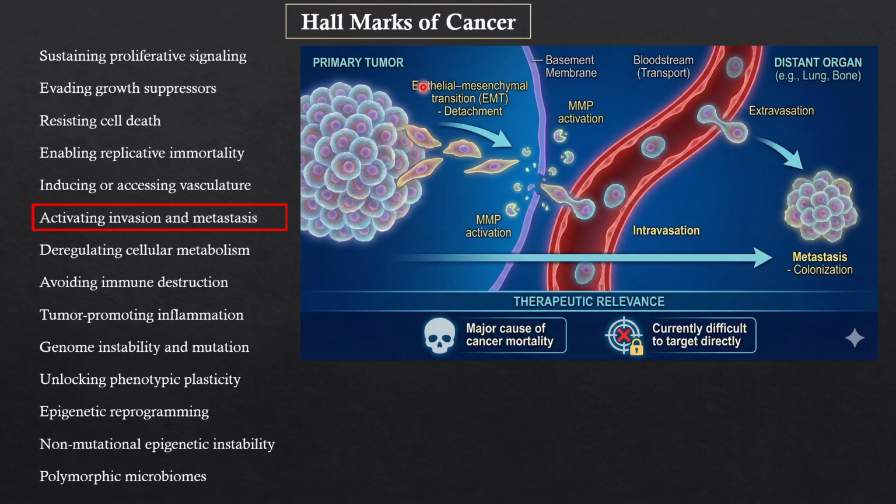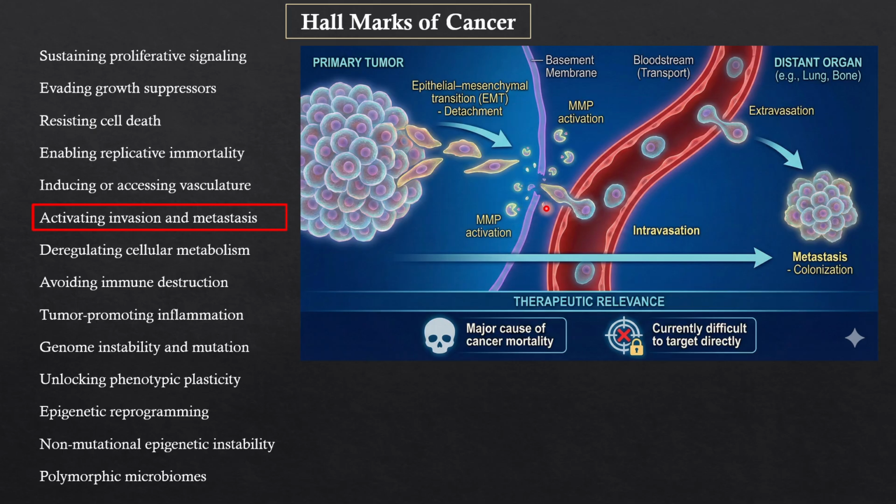The other hallmark is activating invasion and metastasis. In the primary tumor, the epithelial mesenchymal transition happens. So EMT happens, which is basically the detachment. Not all the tumor cells may survive, but those which survive can detach from the existing tumor.